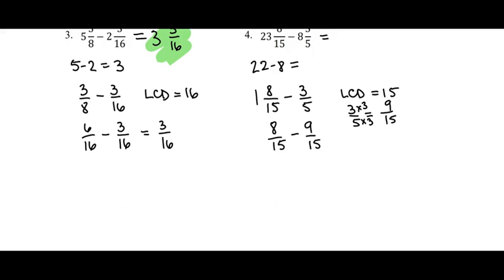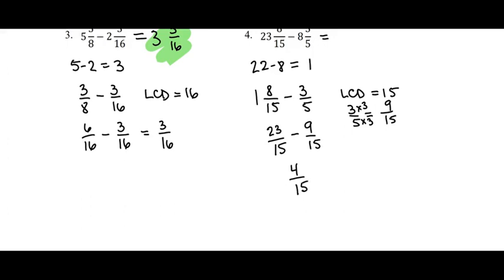So let's go ahead and change that 1 and 8/15 into the improper fraction. So that's going to be 15 plus 8 is 23 over 15. And now I am free to subtract. 23 minus 9 gives you 4. So you have 4 over 15 for a fractional answer.